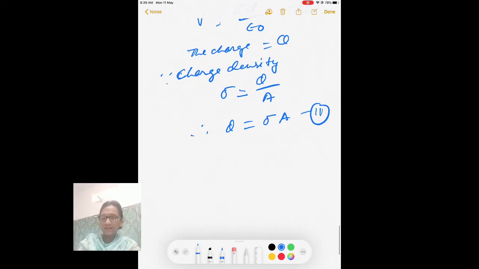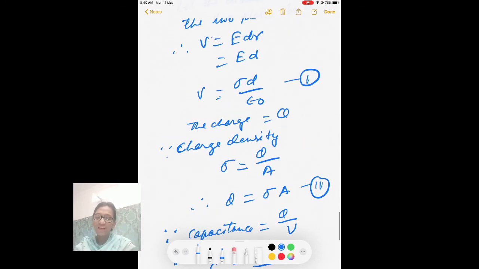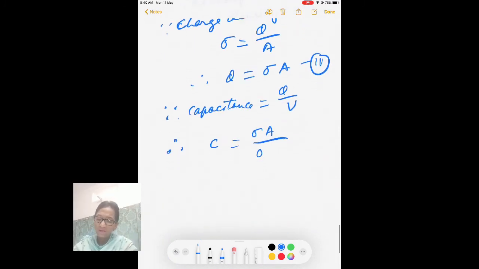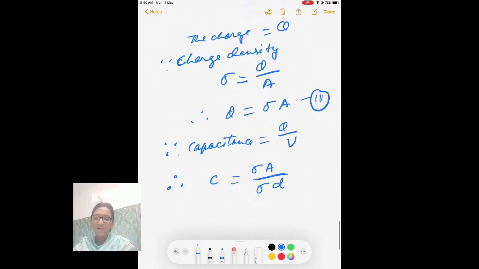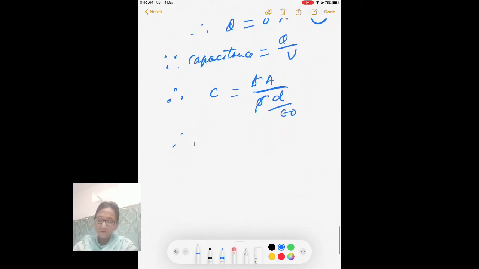Now we can find the capacitance. Since capacitance is equal to Q upon V, therefore capacitance is equal to sigma A upon, and for V let me put the value of potential from equation 1, sigma D upon epsilon naught. So therefore you find that capacitance comes equal to epsilon naught A upon D.